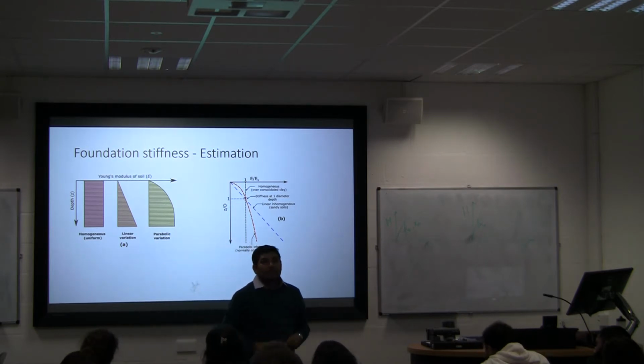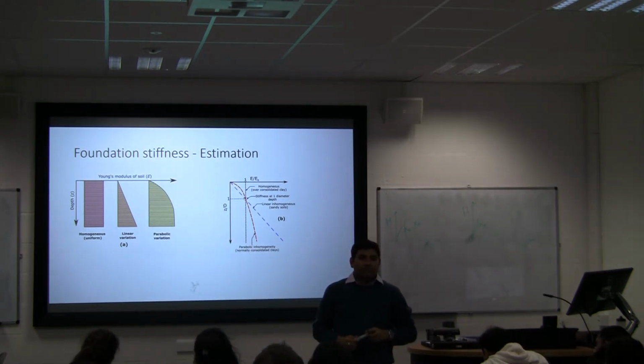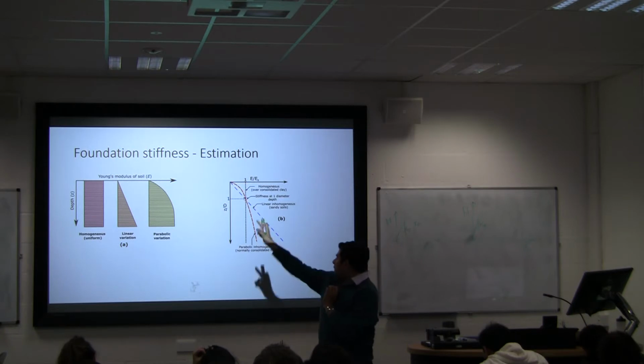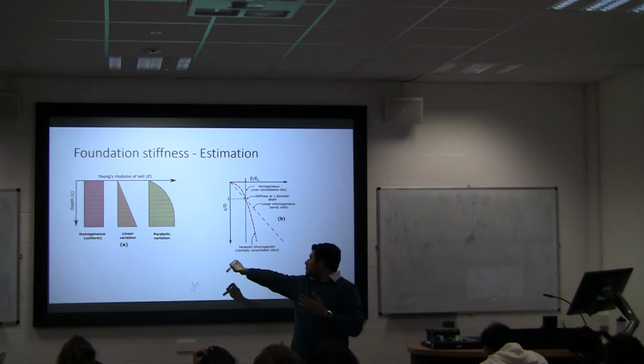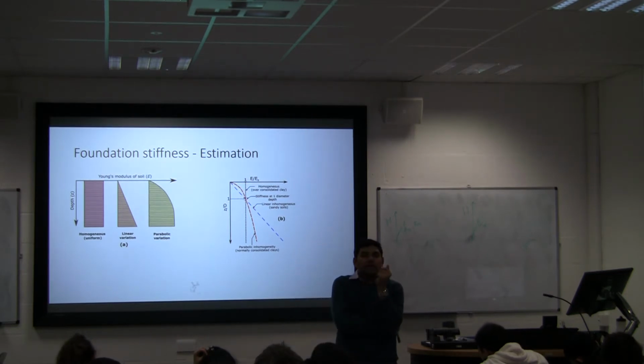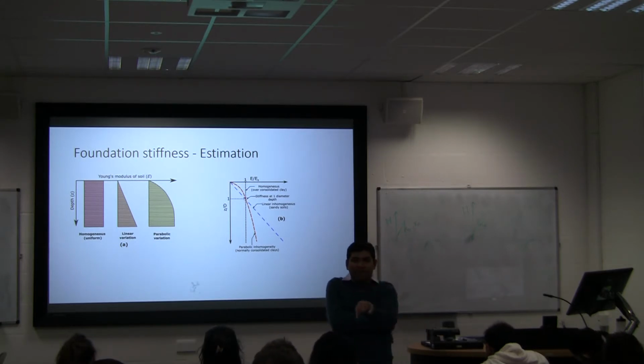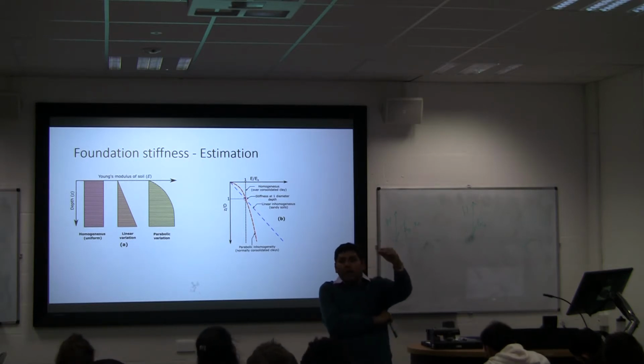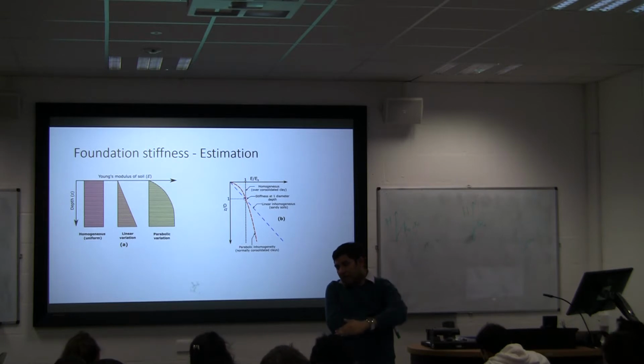What about this one? Linear variation with depth. Normally consolidated soil. So normally consolidated clay will have a ground profile like that, and sandy soil is roughly parabolic. So to use these equations, if you have a ground profile, you have SPT values or CPT or whatever, and you can check how the soil stiffness changes with depth, and you fit it into one of these types.